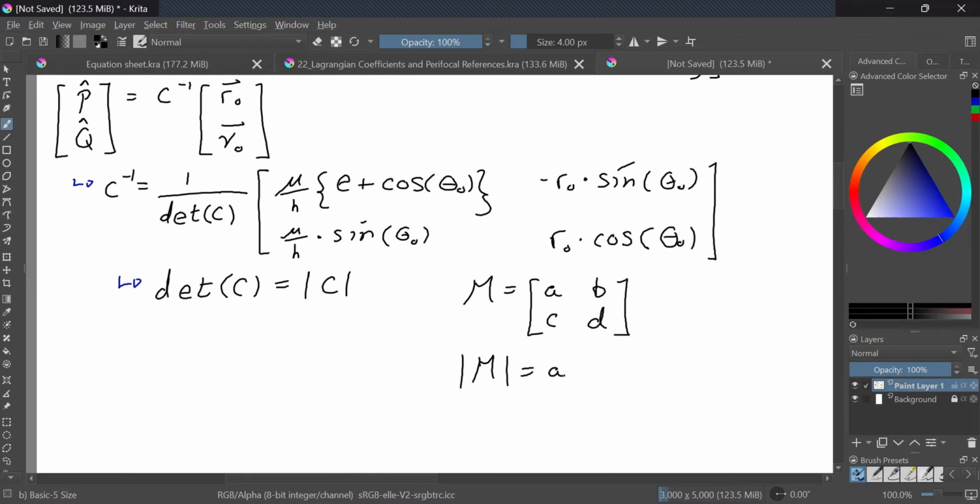It is A times D minus B times C. It gets a little more complicated when you have more dimensions, but this is the long and short of it.